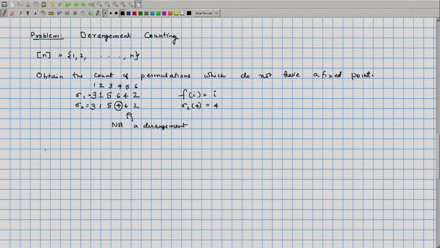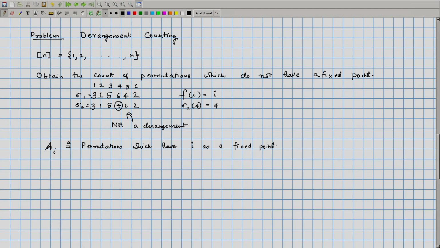So, let us say A_i is defined as the set of permutations which have i as a fixed point. Okay. So, fix an i.